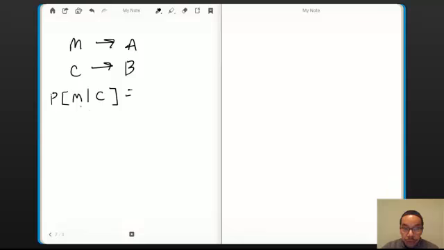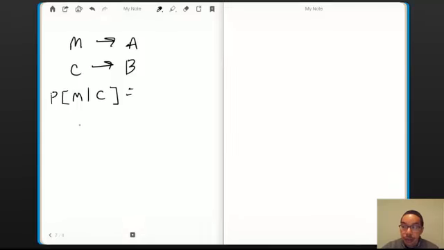All right, so using M's and C's, all I'm doing now is just replacing the A's and the B's in the original Bayes' theorem. That's all I'm doing.